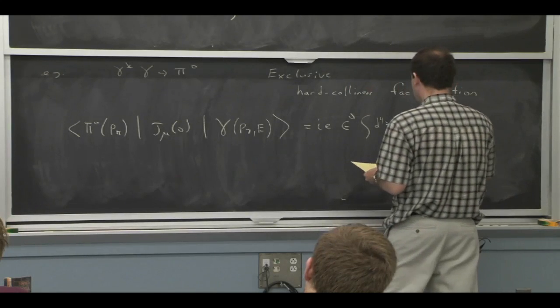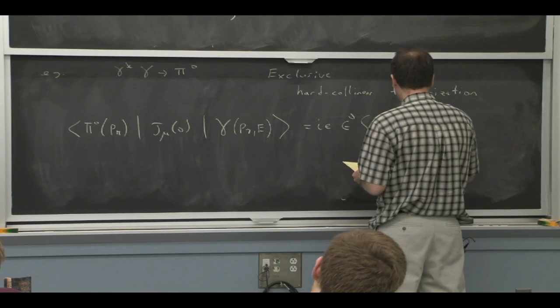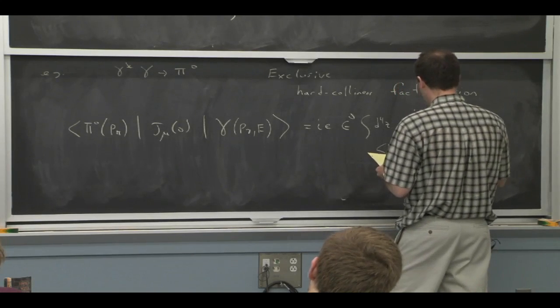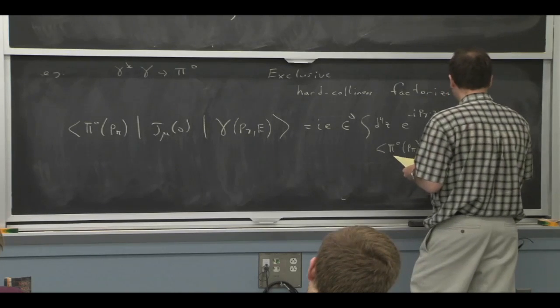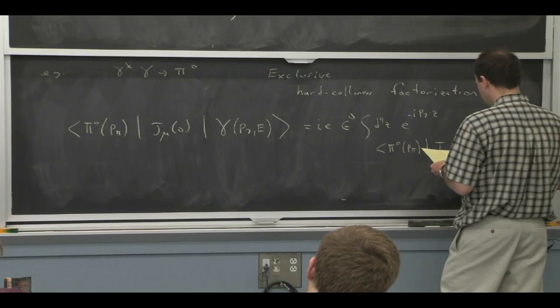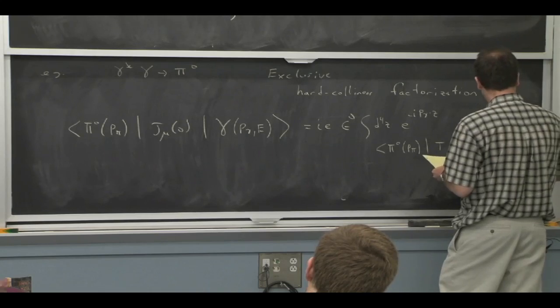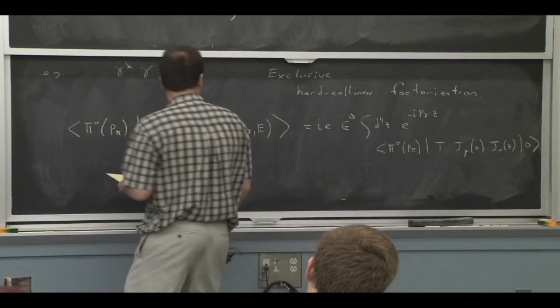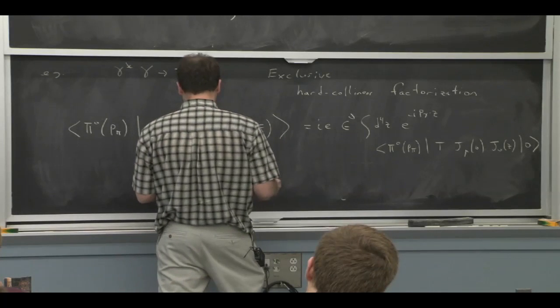So you could write that as follows. I can always replace the photon by current. And then I can parameterize that matrix element like a form factor.